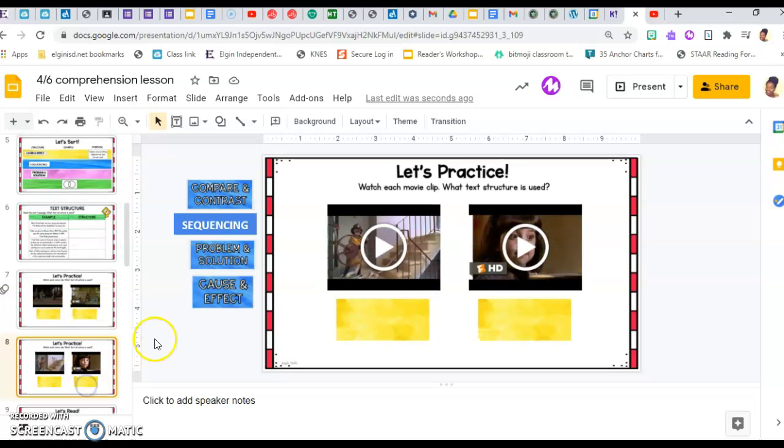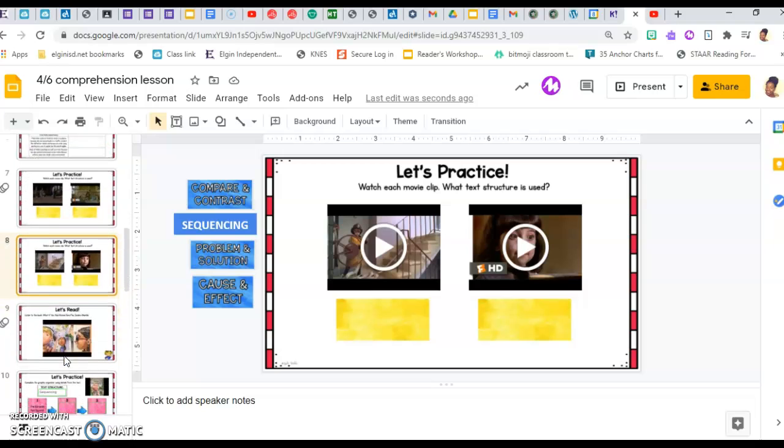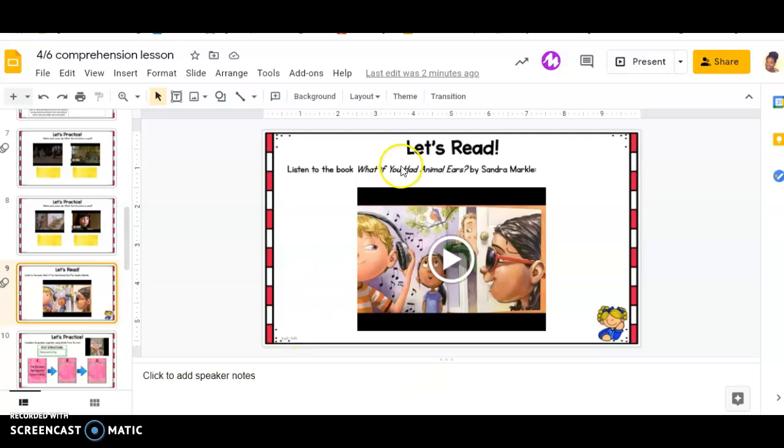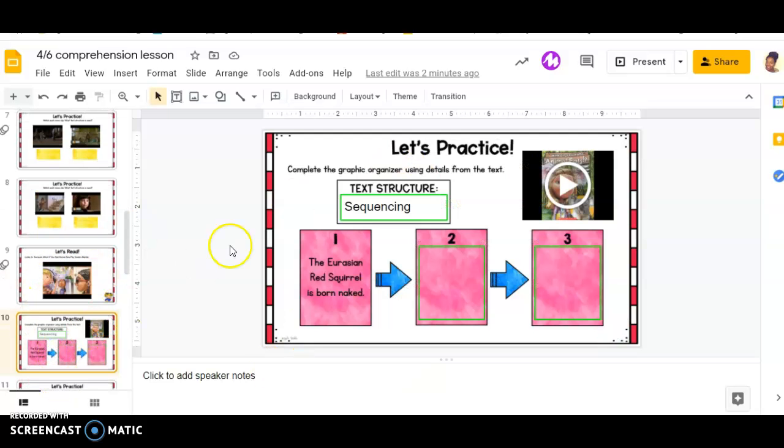So there's four clips, one for each of the text structures. And then today we combine our read aloud and our comprehension lesson. So you are going to watch this read aloud, and then there are all four types of text structures in that read aloud.